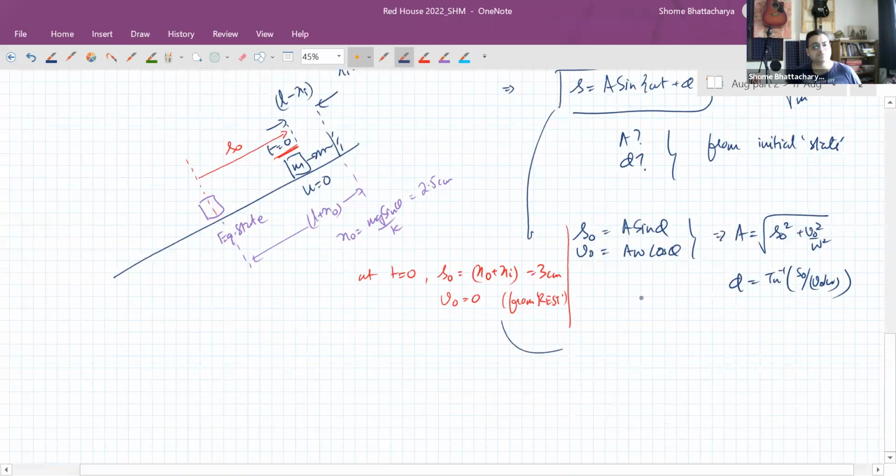So substitute this information here, and you get the amplitude as 3 centimeters and the phase constant as pi by 2. Okay.